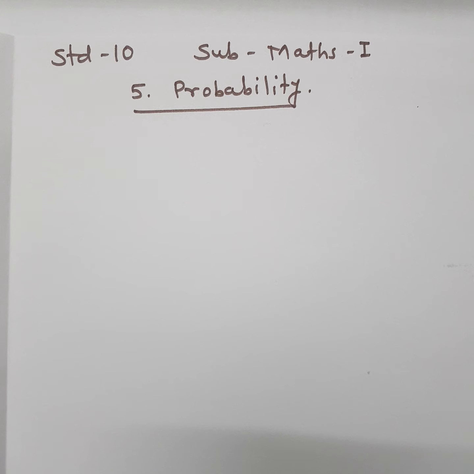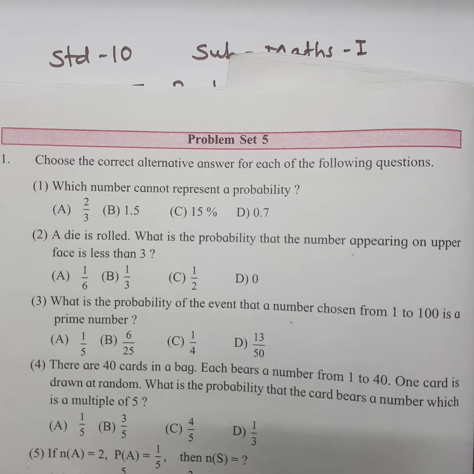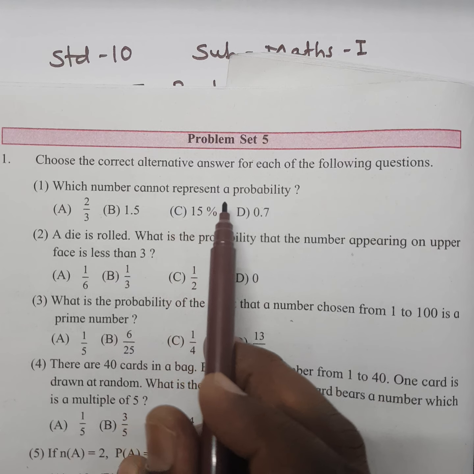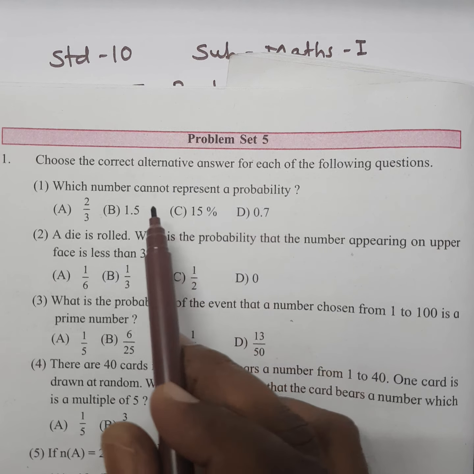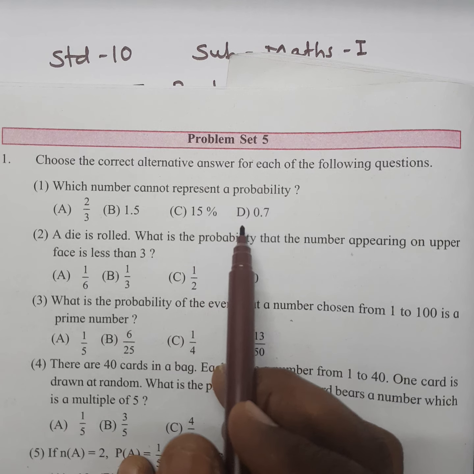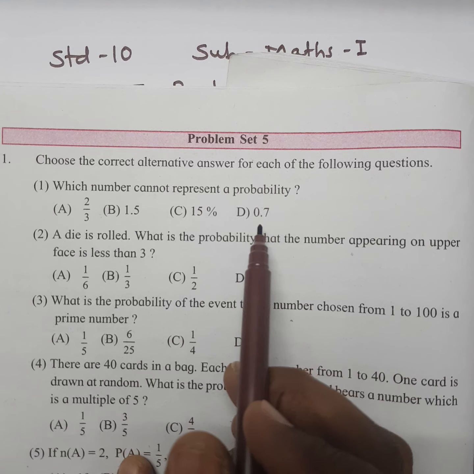First, the question is a multiple choice question. See the first example: which number cannot represent a probability? Four numbers are given. A 2/3, B 1.5, C 15% and D 0.7.